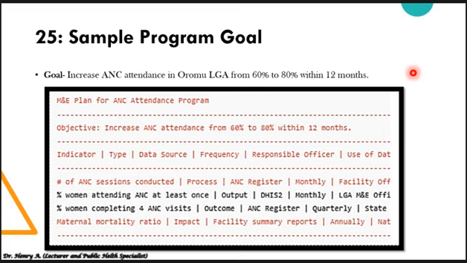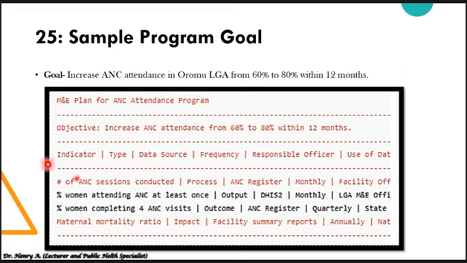We want to see that the ANC attendance increases, and it's definite, from 60% to 80%. That's the goal, and the timeline is there: 12 months.